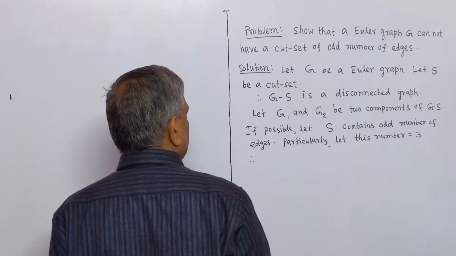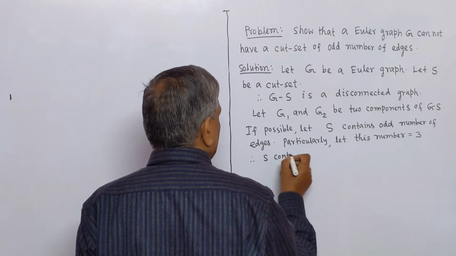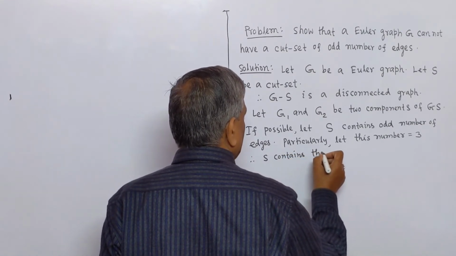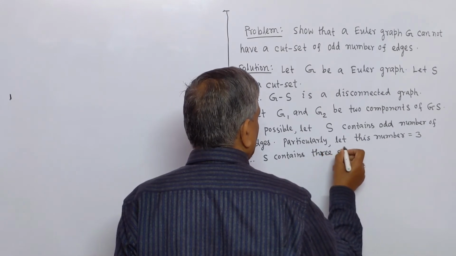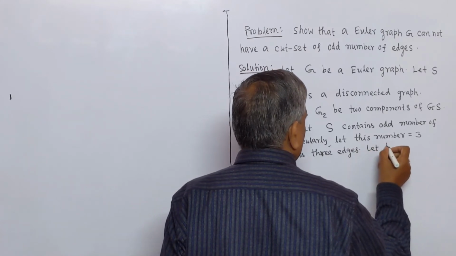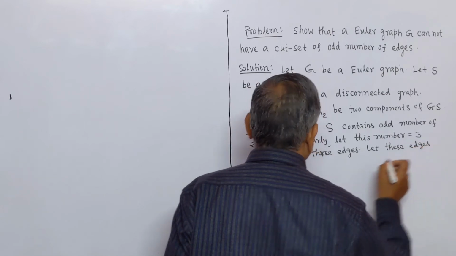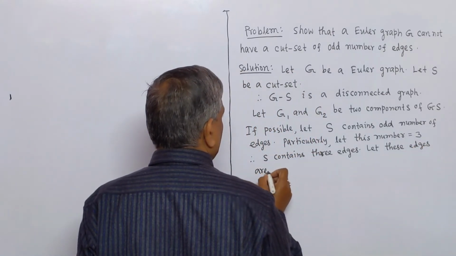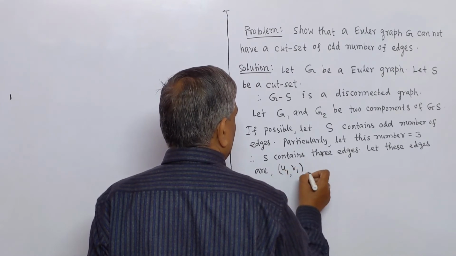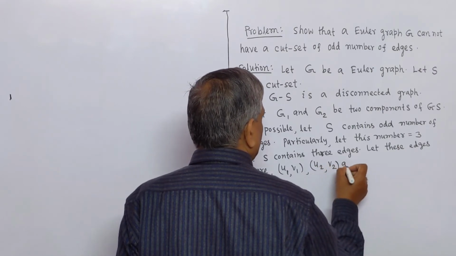Therefore, S contains three edges. Let these edges be U1V1, U2V2 and U3V3.